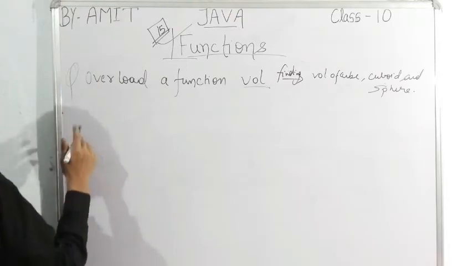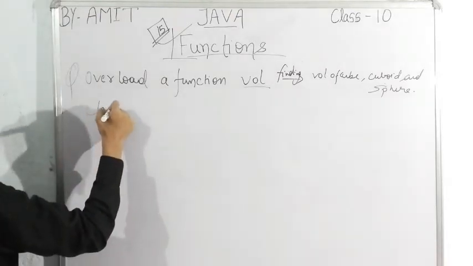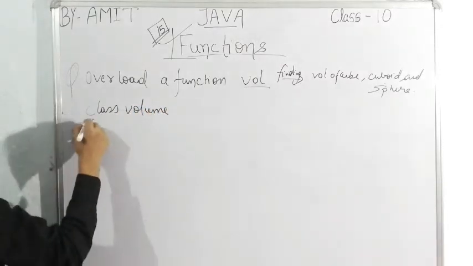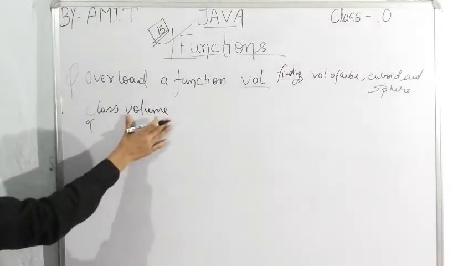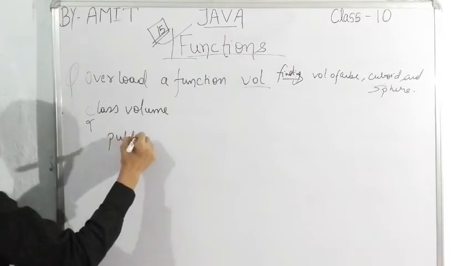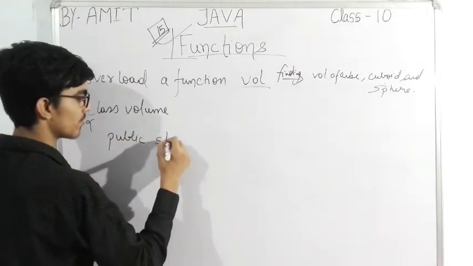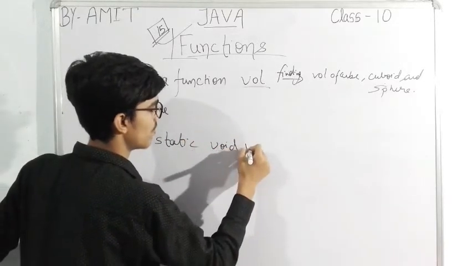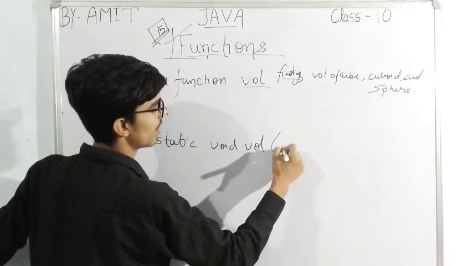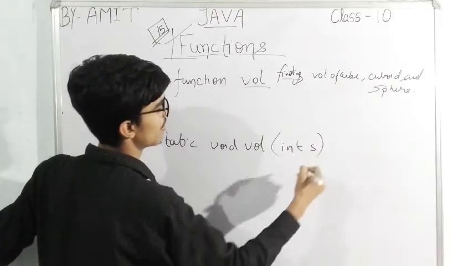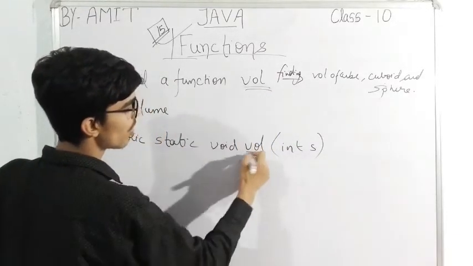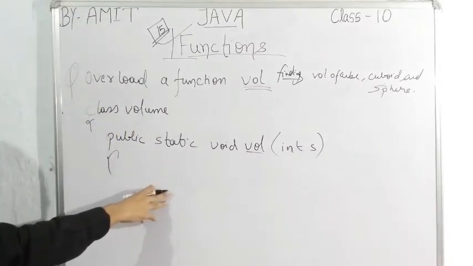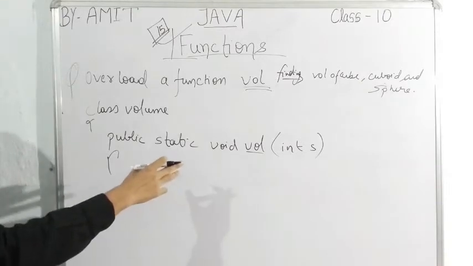So what we'll do, we'll write class volume. We have used here once vol. Inside this vol, it is for the first one, which is cube.